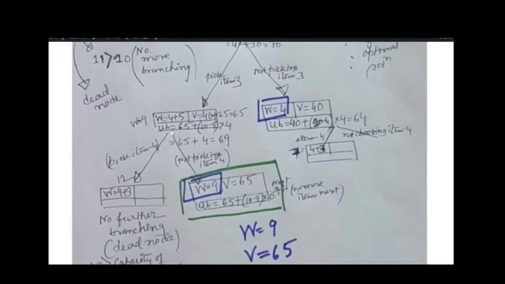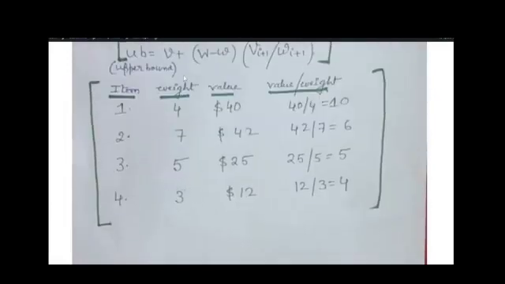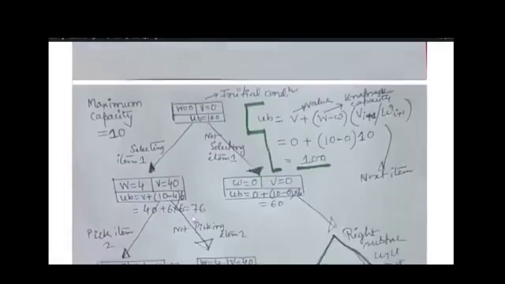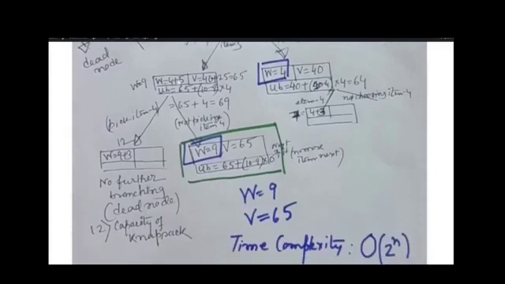Now let's say this node is further expanded. If the thief picks item 4, already 9 is there, and the item 4 weight is 3 pounds, so 9 plus 3 is equal to 12. 12 is greater than the knapsack size, which is 10. So no more further branching, it will be called a dead node, because 12 is greater than the capacity of the knapsack.